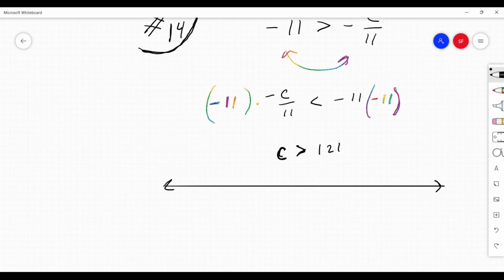So when you graph it, you do your number line, you do your tick marks, you would do 0. We'd probably count by tens.